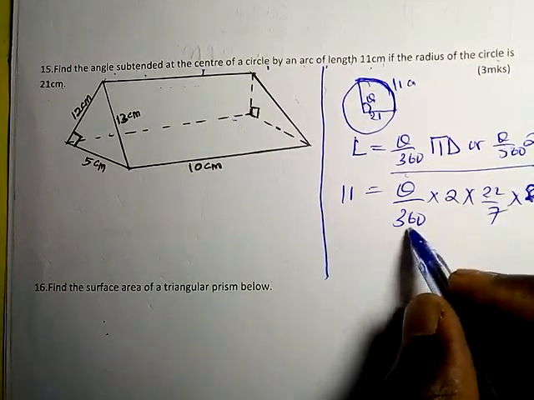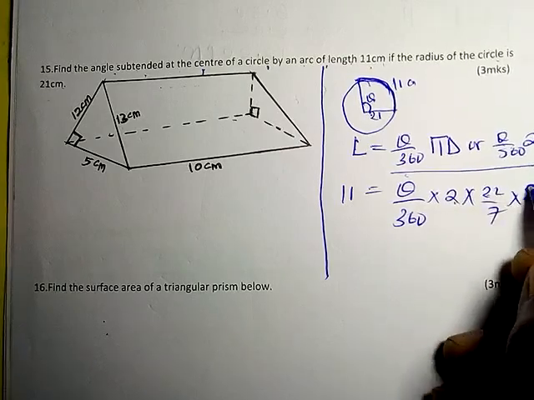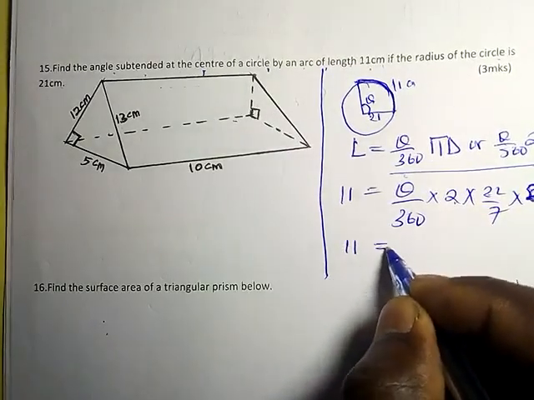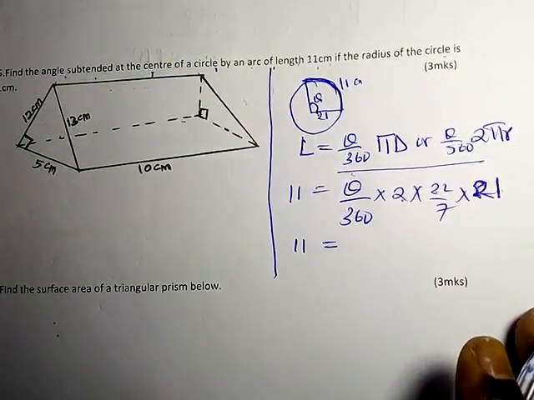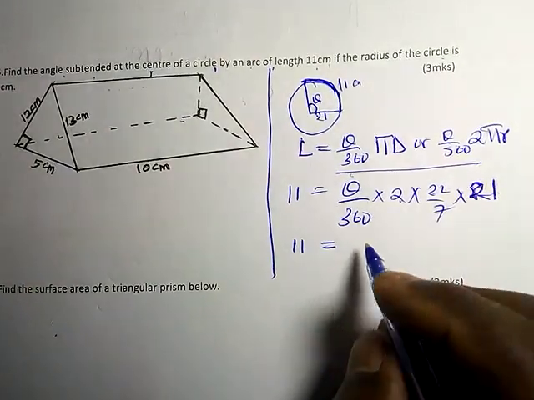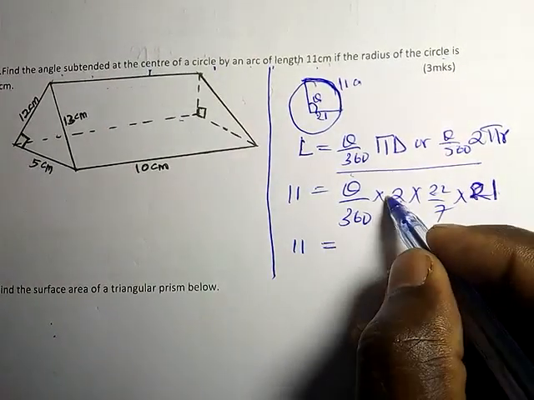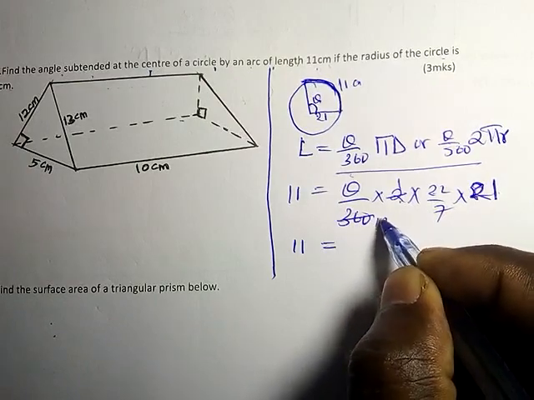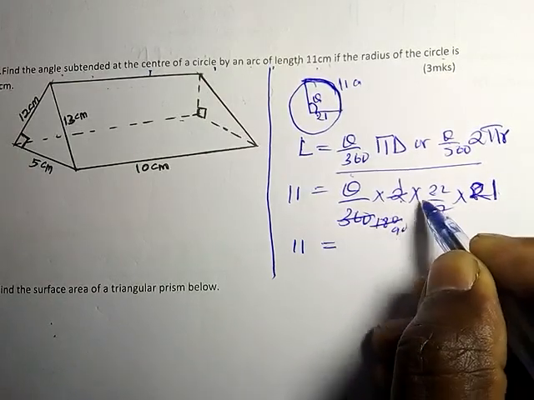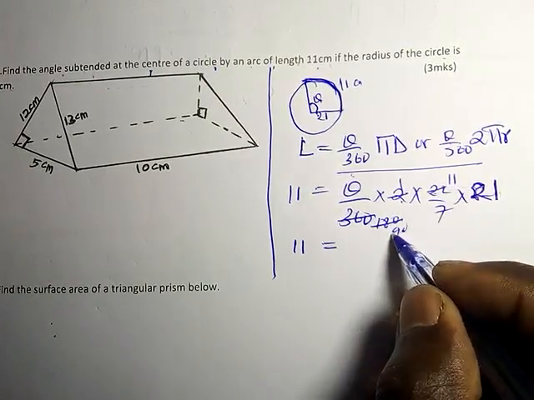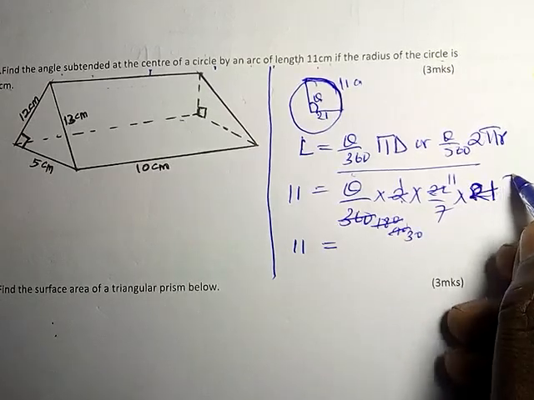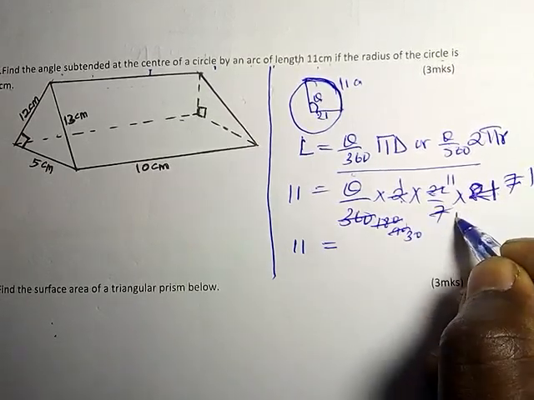So we can cancel here, 18, 2, 90, 2, 11, 330, 3 7, 7 1, 7 1.